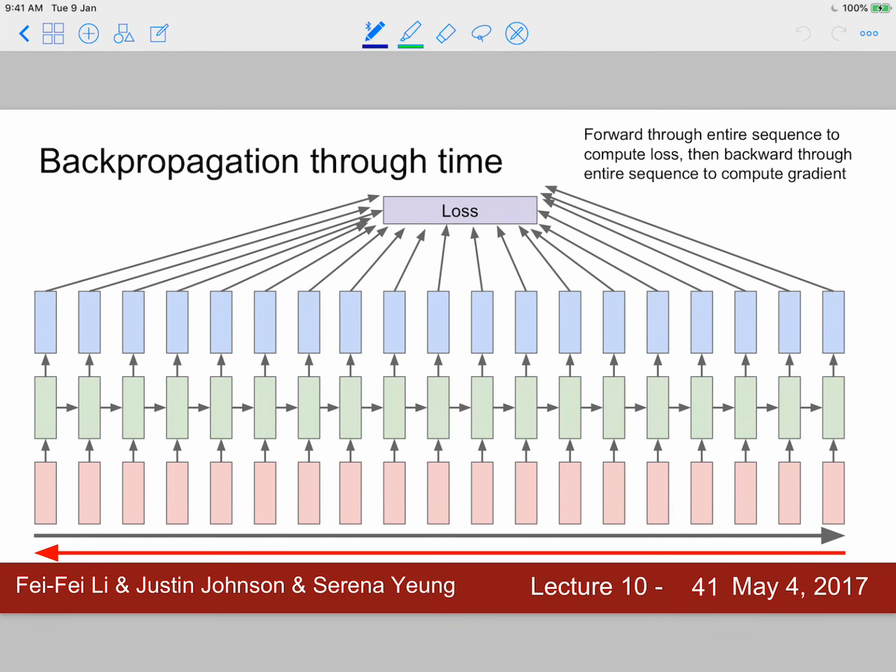Then for the gradient arriving at this ht minus 2, the gradient will also backpropagate through another tanh layer, and we will multiply b once again.